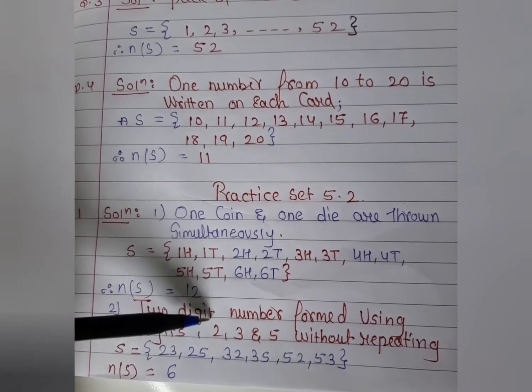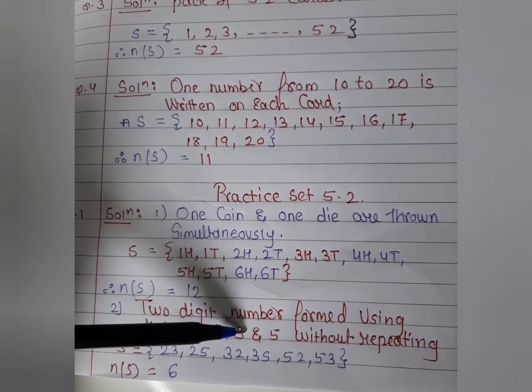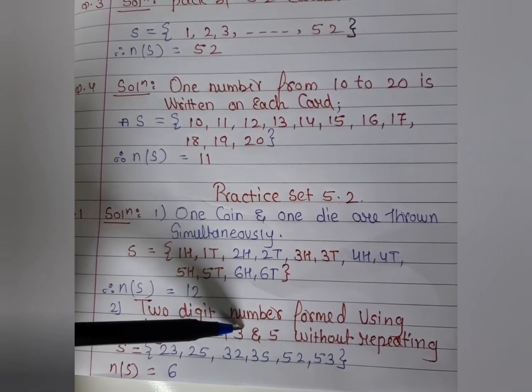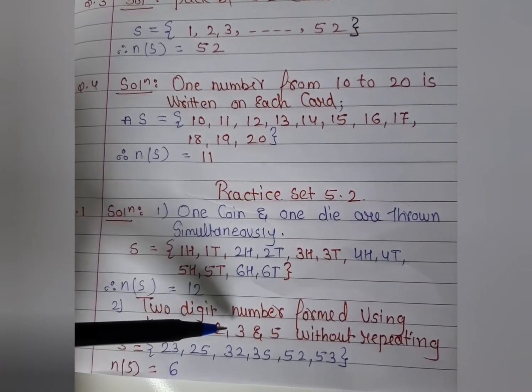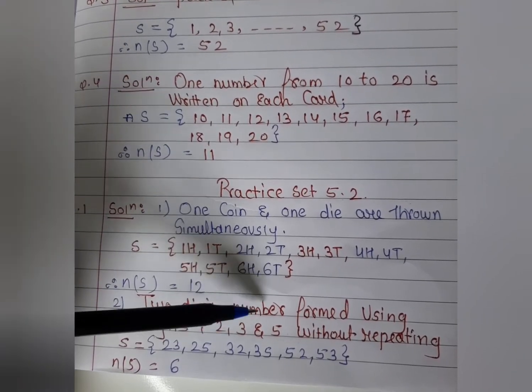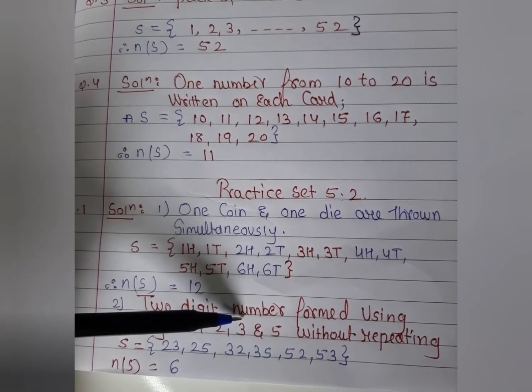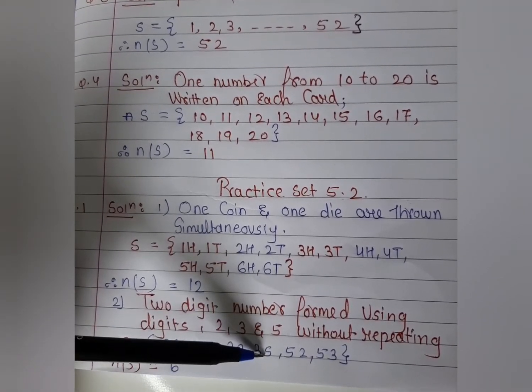We can start like this. If we start with the first number 2, and take 2 with the other numbers, so 2, 3 is 23, 2, 5 is 25. Then we take 3: 3, 2 is 32, 3, 5 is 35.